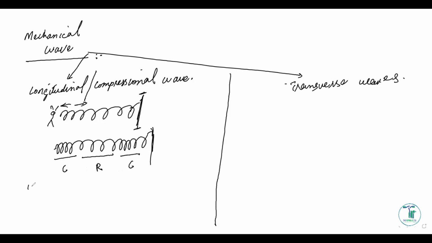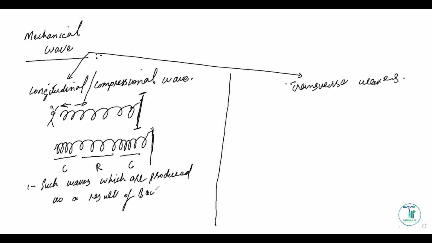So first, remember that longitudinal or compressional waves are such waves which are produced as a result of back and forth motion. Such a wave which is produced as a result of back and forth motion is known as a compressional wave.